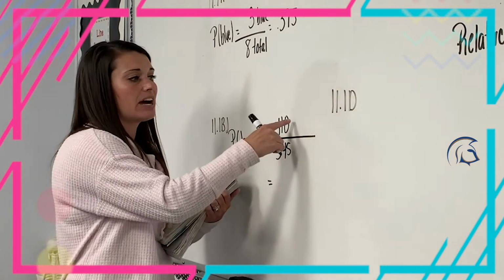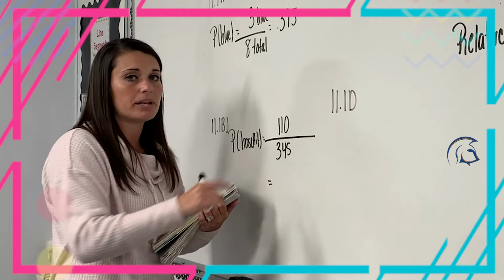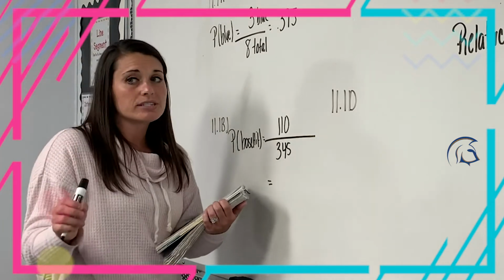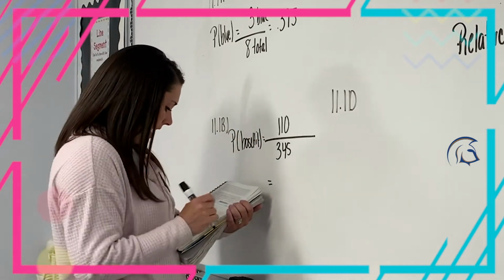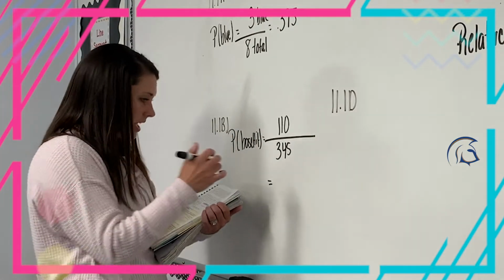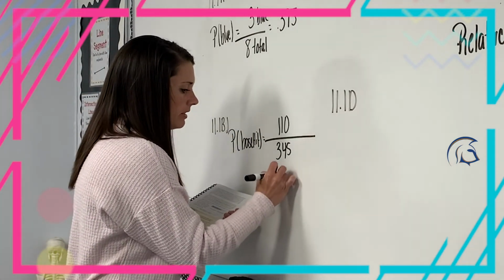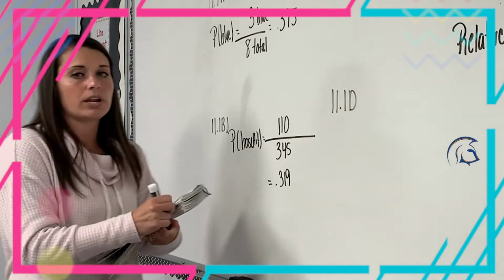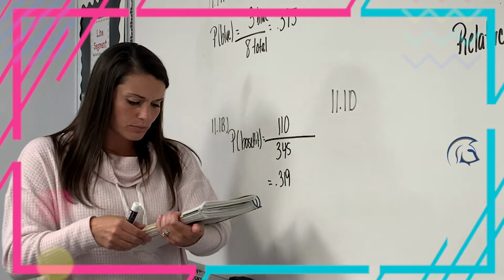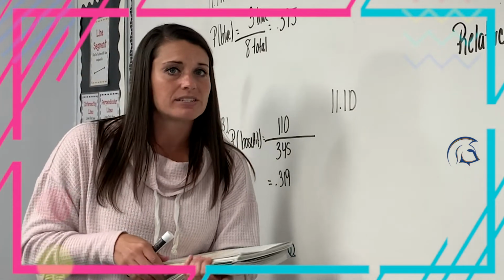You simply divide the numerator by the denominator. You type in 110 divided by 345, and the probability of him getting a base hit is 0.319.